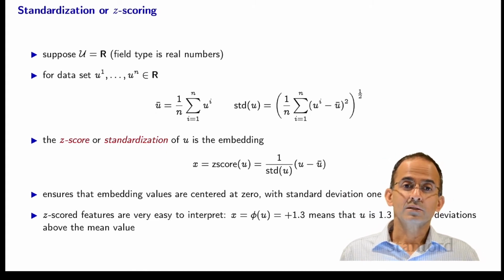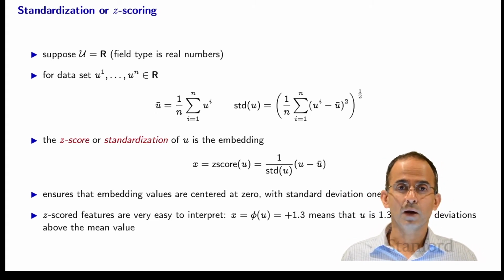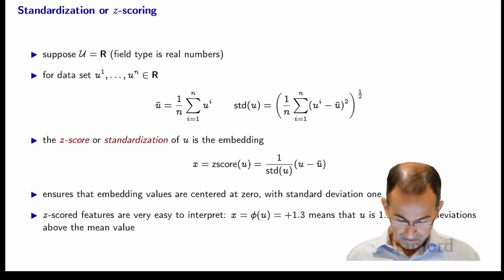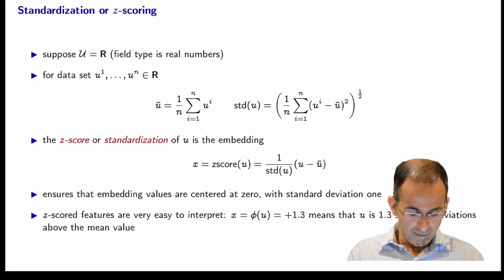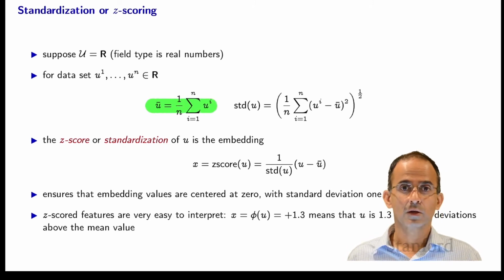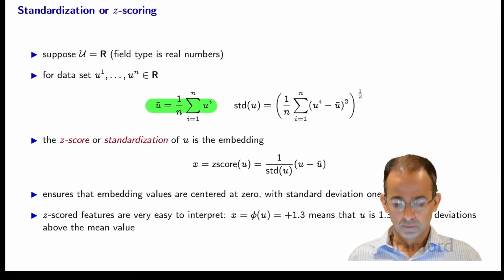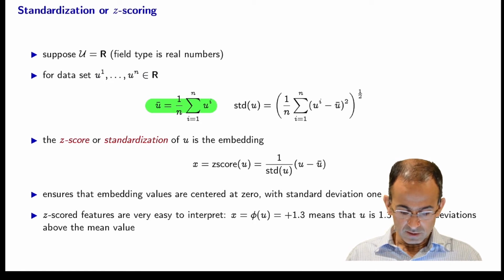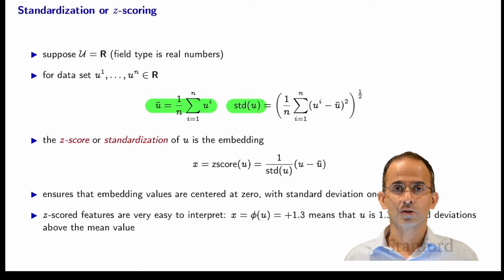Then what we might do is define u bar to be the average of the ui's, and std u to be the standard deviation of the u's.